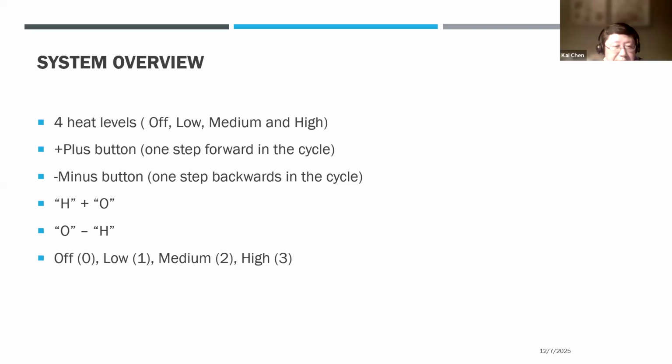It's a loop, which means that when the plate is on position H, a plus button press returns the plate to O. And when it's on O, a minus button press means that the plate goes back to H. To make it easier to understand and analyze, we can label the levels with numbers. Off is 0, low is 1, medium is 2, and high is 3.